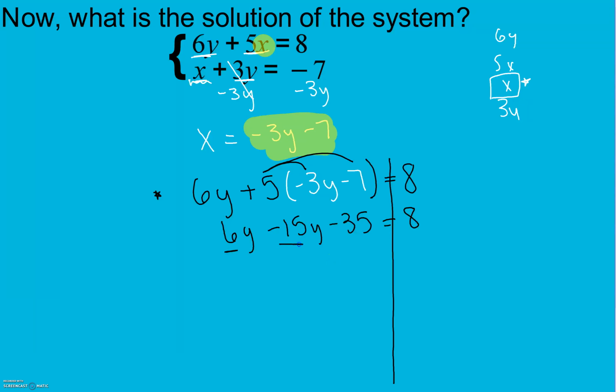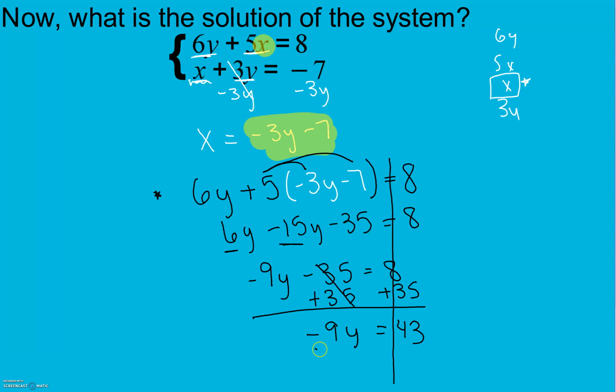We can combine like terms. Now I can add 35 to get the y's by itself. And then divide by -9.